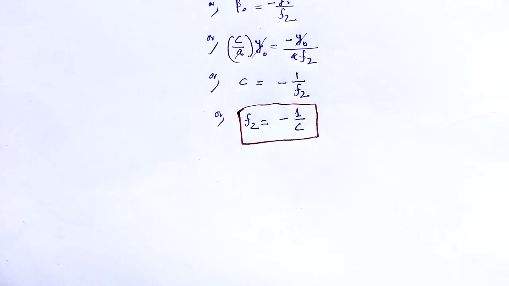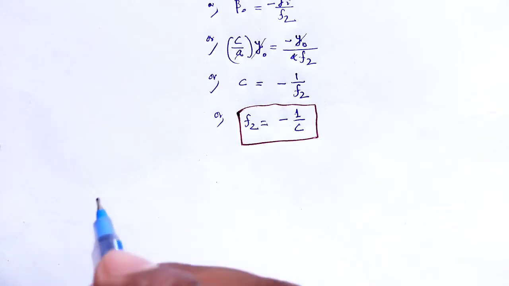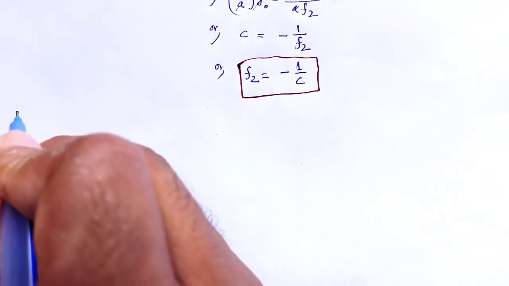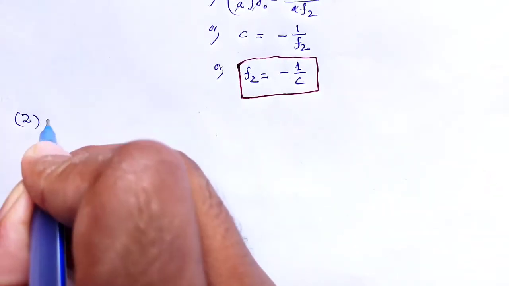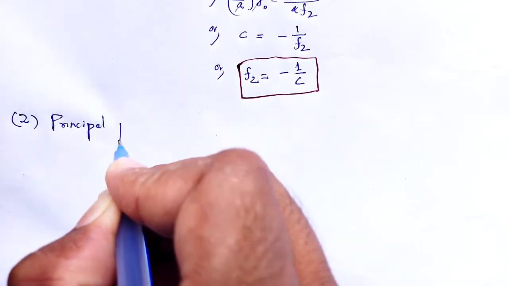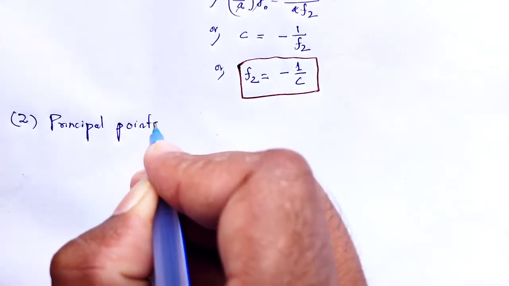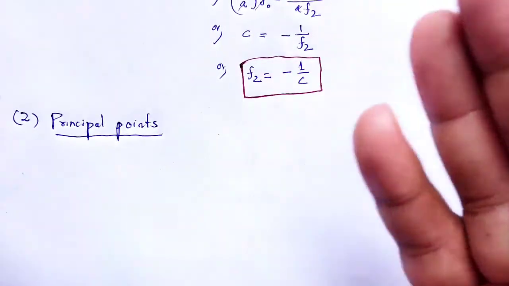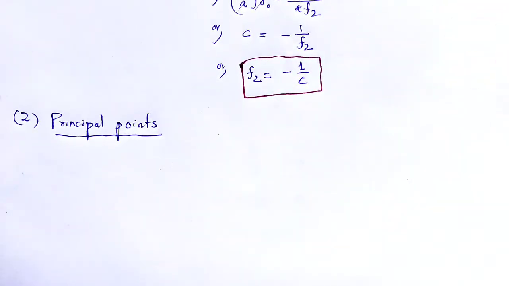Now the second pair of cardinal points are the principal planes and principal points. For principal points, we have the first principal point and the second principal point, and the planes that pass through the principal points are named principal planes.